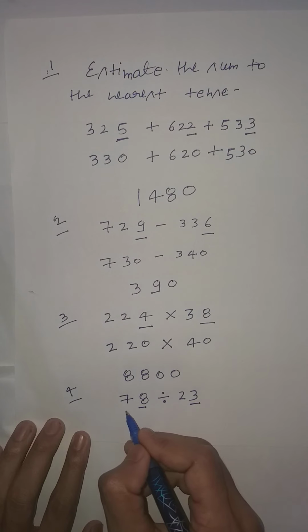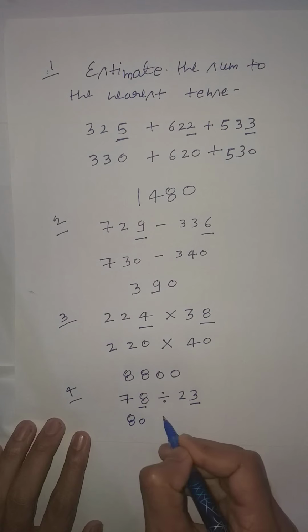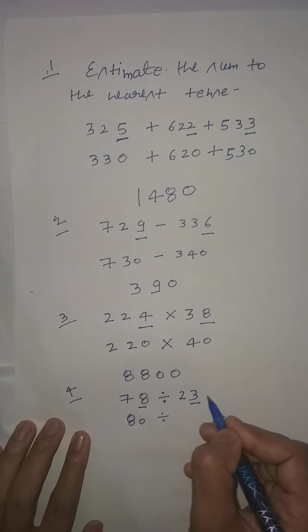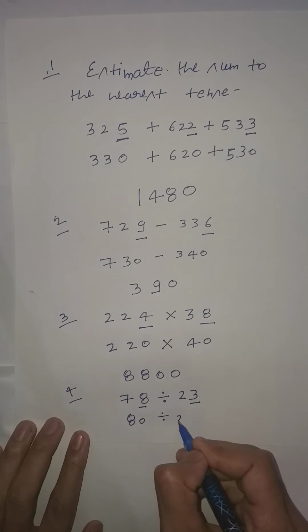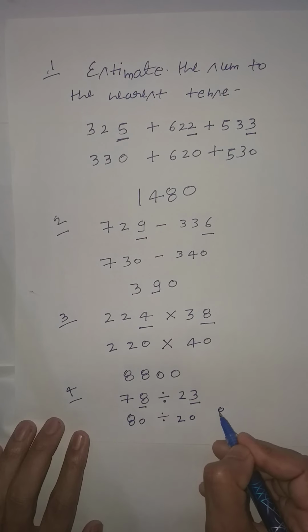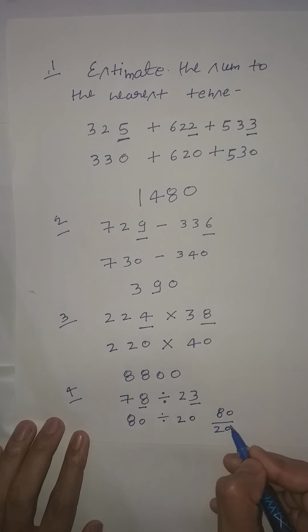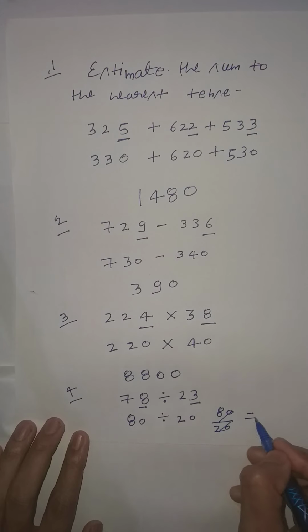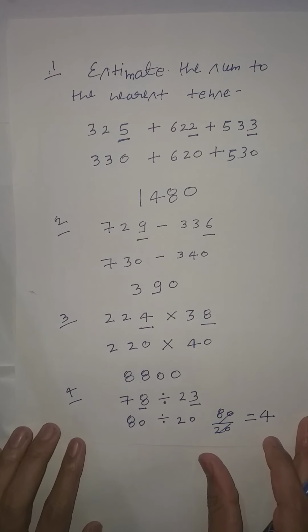So here 8, it means you will increase 1, this will become 80. And divided by what? This is 3, less than 5, so this will become 20. And you know that 80 divided by 20, the result is what? 4. So I think you are able to solve questions based on this.